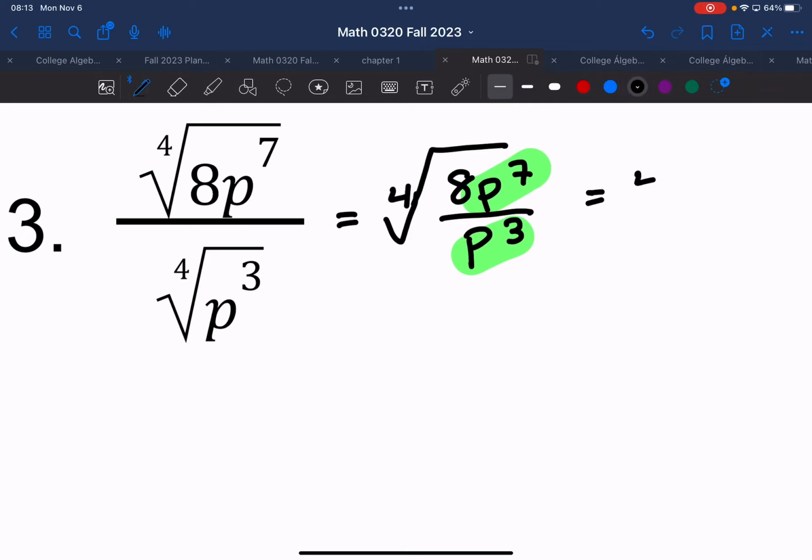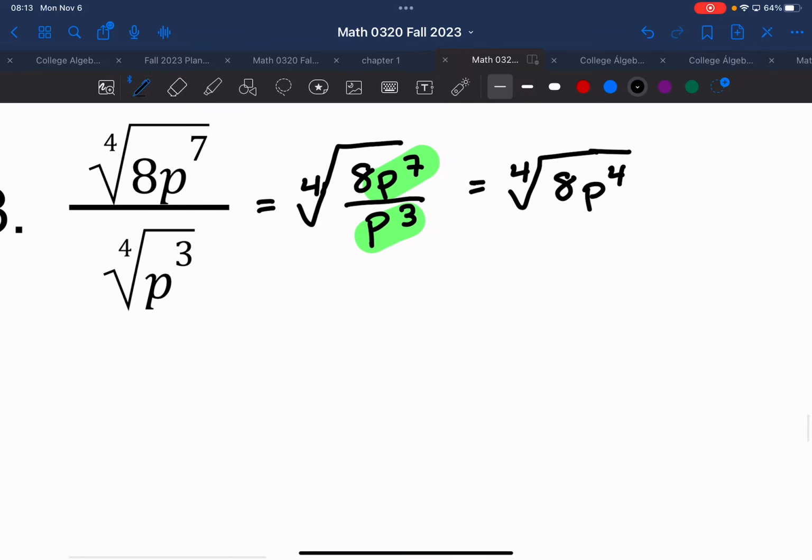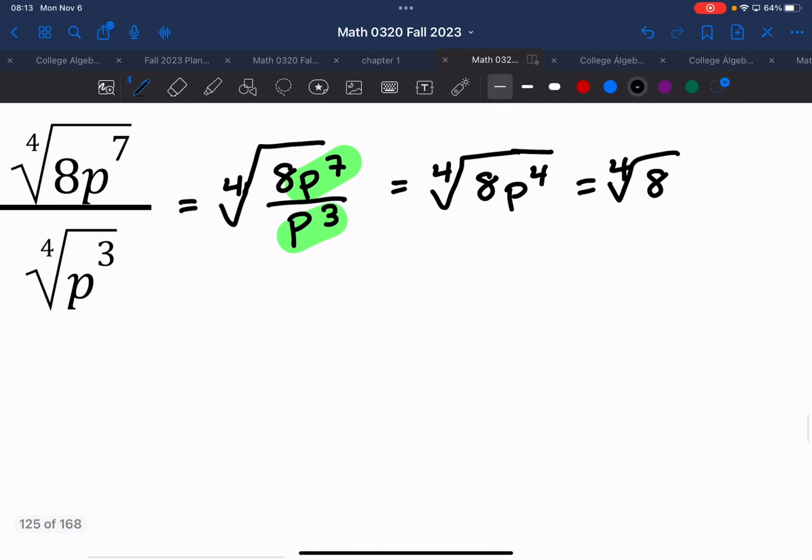So this becomes the 4th root of 8p to the 4th. Now we could go back and separate this into 2 radicals. We could have one with just the 4th root of 8 and then one with the 4th root of p to the 4th.